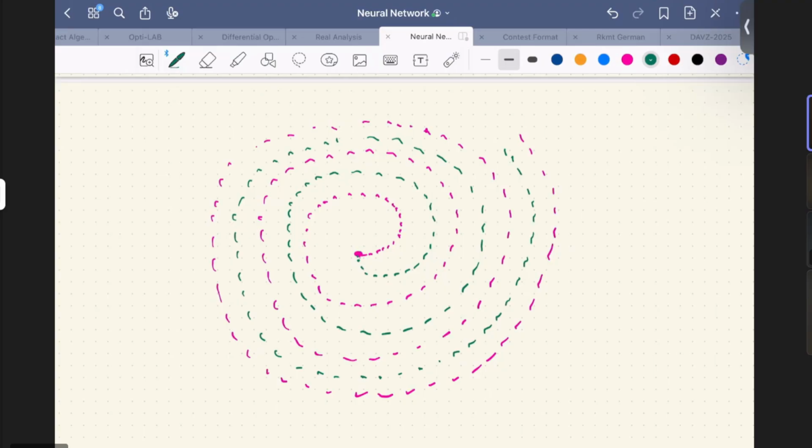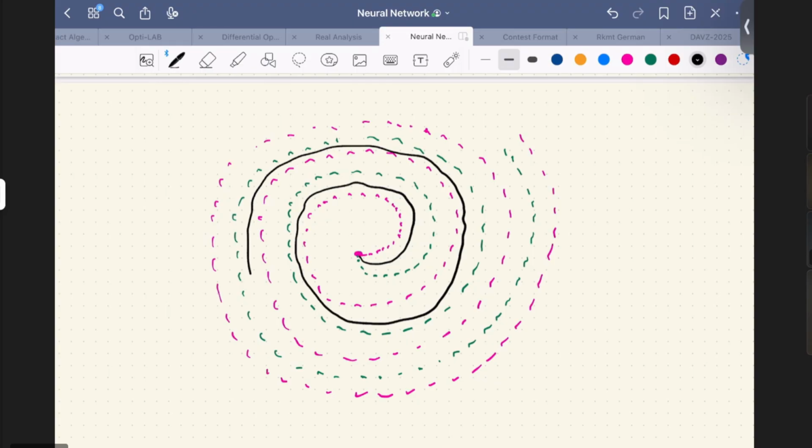Now the decision boundary, like a boundary line or boundary curve, you can think of it like this one, which is separating the pink points.